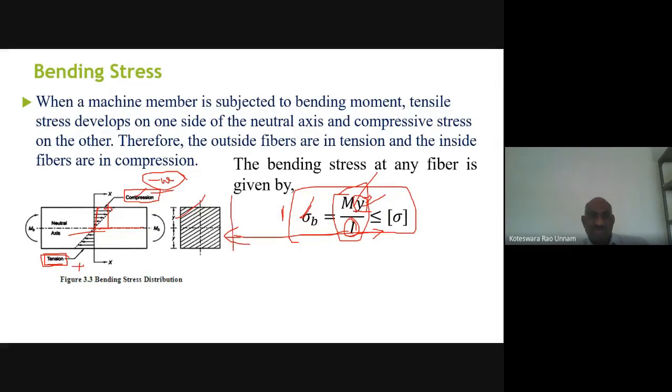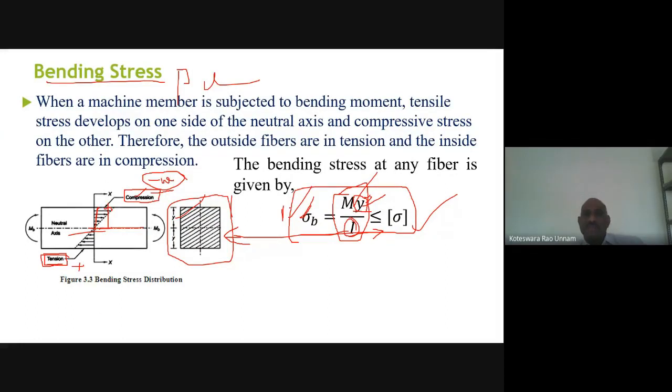I think all of you know those things, because you might have studied this in your earlier mechanics courses, or engineering mechanics, or in this course also, MOS1 and MOS2. So there you have this bending stress also. This kind of loading we call pure bending or simple bending. In case of simple bending, this is the formula to compute the bending stress.